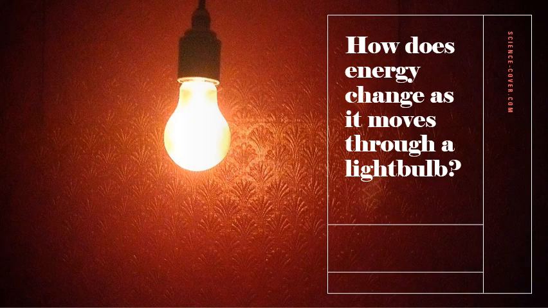Now let's think about how energy changes as it moves through an object. So let's look at a light bulb. To power a light bulb, we need electrical energy, and this is going to turn into light energy and also produce heat energy, which will be wasted.